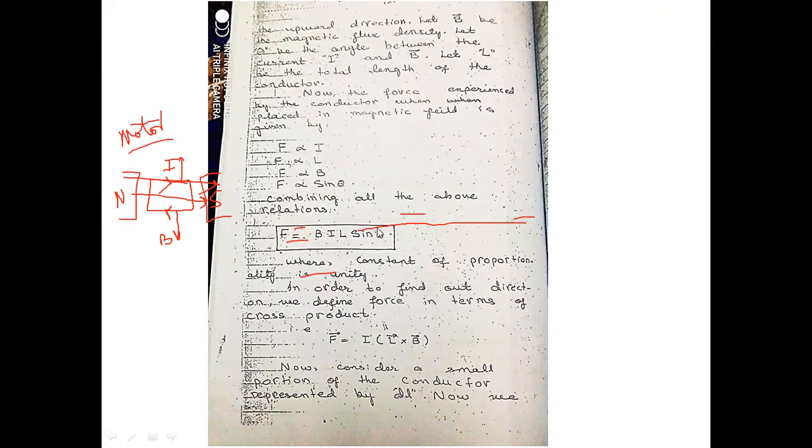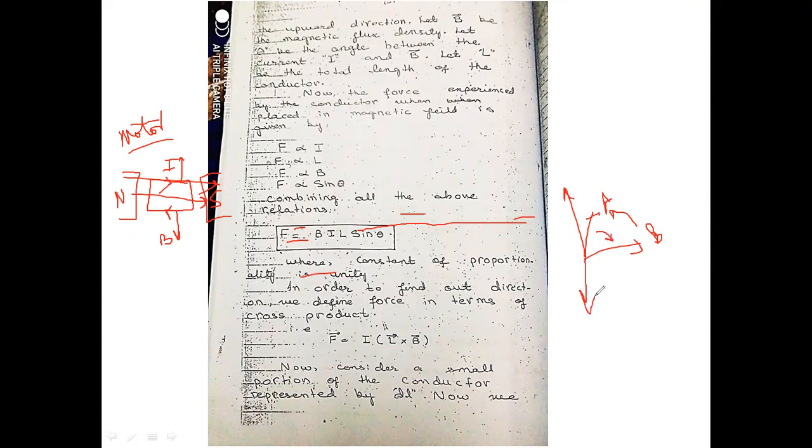Absorbing this sine theta in B and L, we can write F is equal to I L cross B. Now this cross is the cross product between L and B. By this way we can find the direction of F. By this relation alone we can't find the direction, but by the right hand rule, as we see in the cross product, for example, this is vector A and this is vector B. If B is moving towards A, the direction will be this, and if A is moving towards B, then the direction will be this.